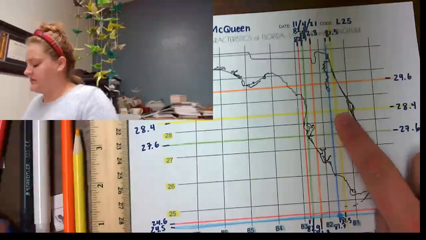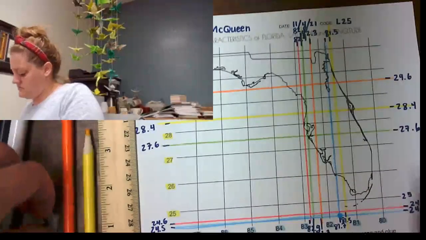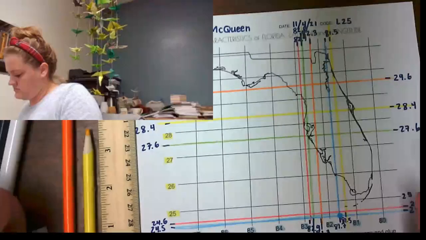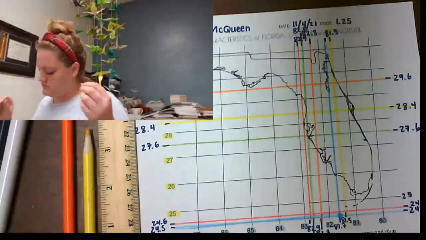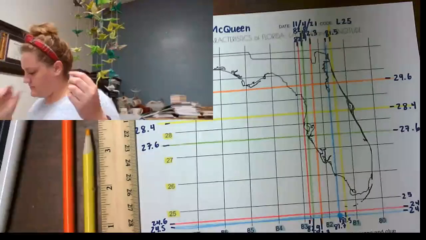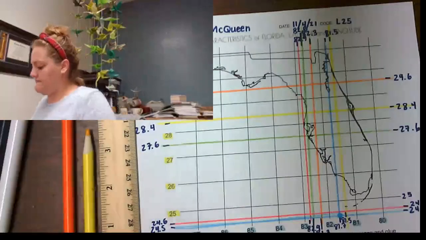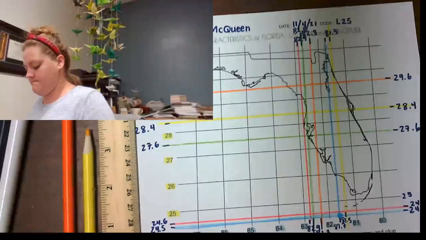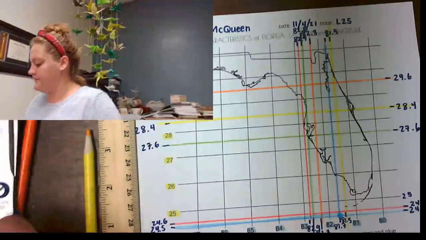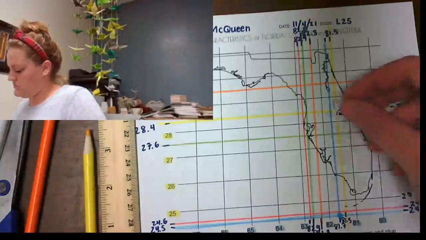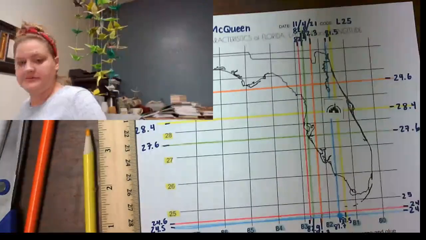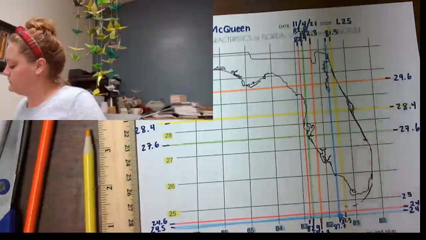And where those two lines cross, right here, that's where you get Disney World. Okay.